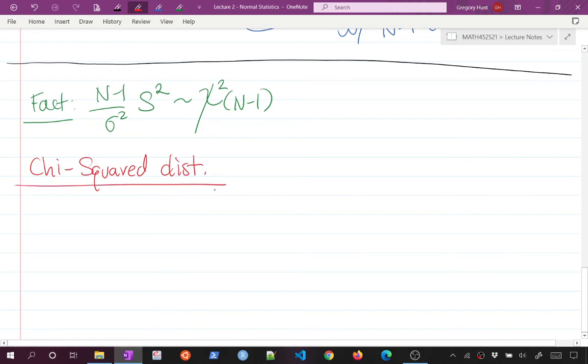The chi-squared distribution has a parameter, and we'll denote it with k. It's called the degrees of freedom.